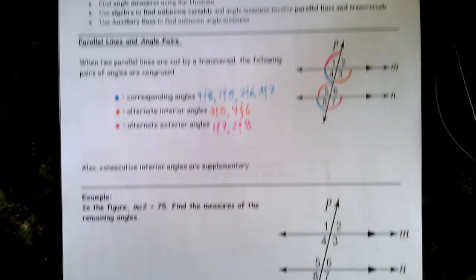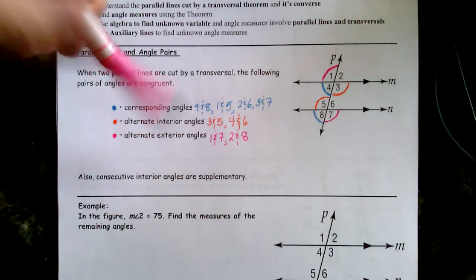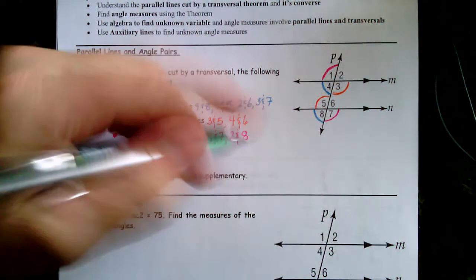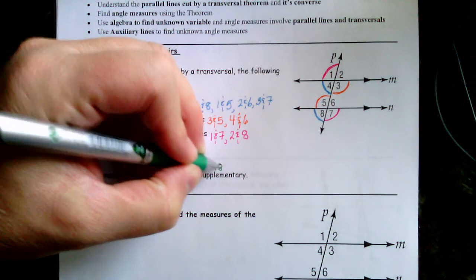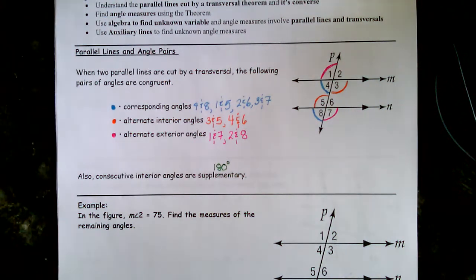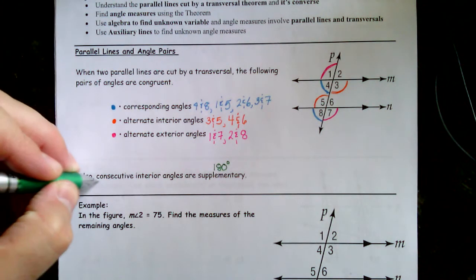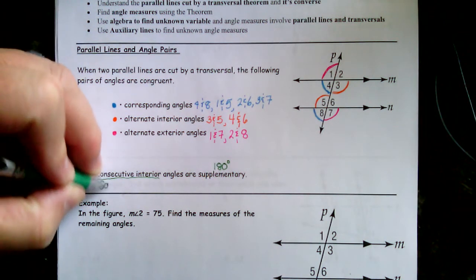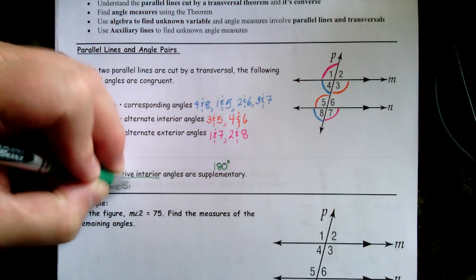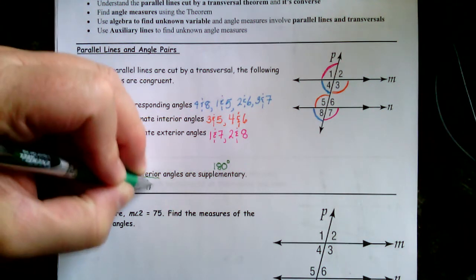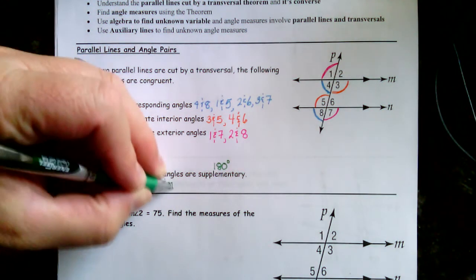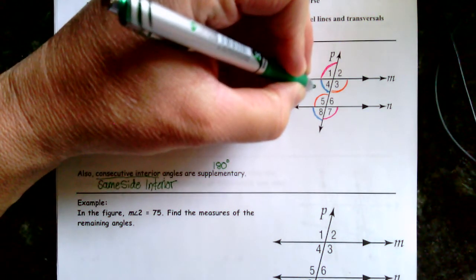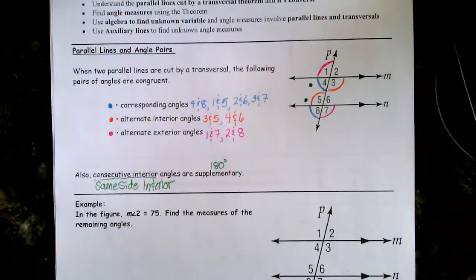The other part of this is supplementary. If you remember from last week, supplementary angles are angles that add to 180 degrees. Consecutive interior is often called same side interior. So, for example, angle 4 and angle 5.